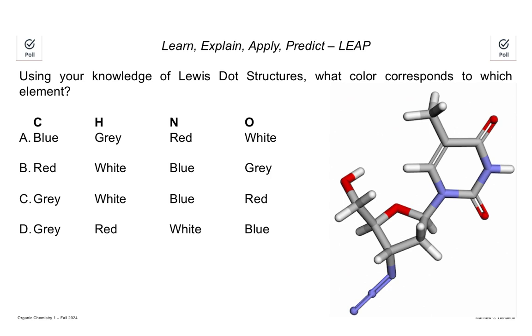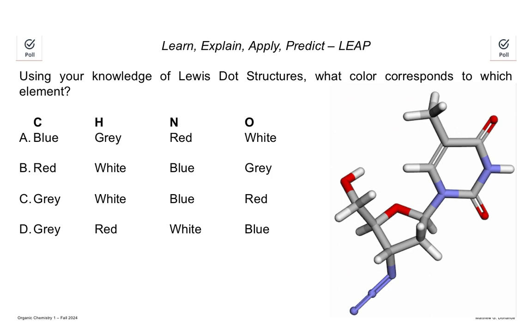Using your knowledge of Lewis dot structures, what color corresponds to which element? So again, you're going to have to review some concepts from general chemistry in terms of how elements bond. We'll review that cursorily over the next week or two. And again, that gets back to electron configurations and atomic orbitals.